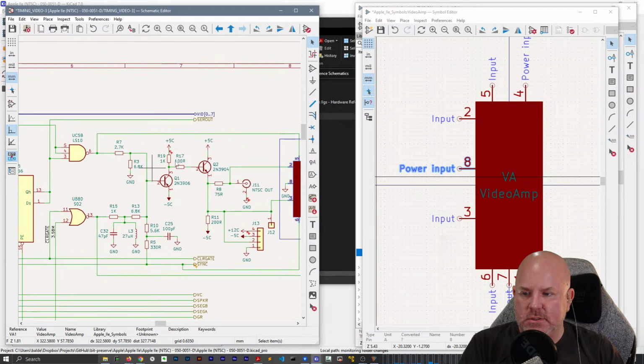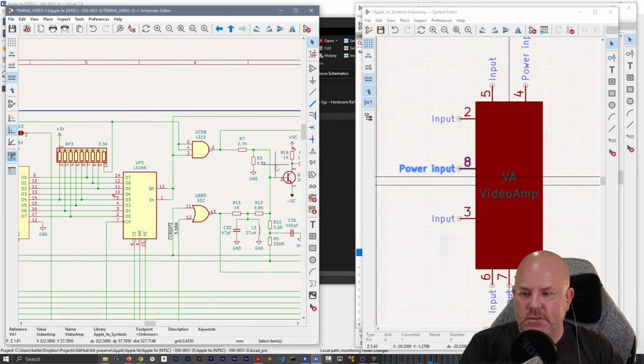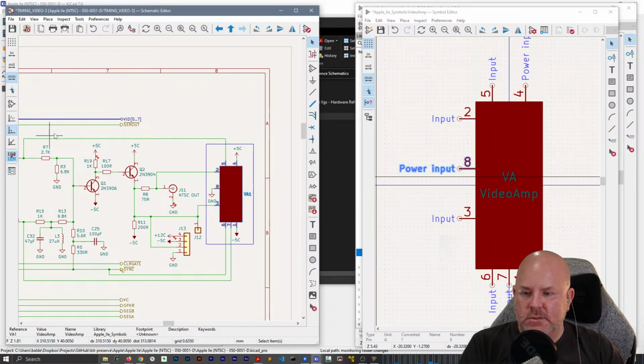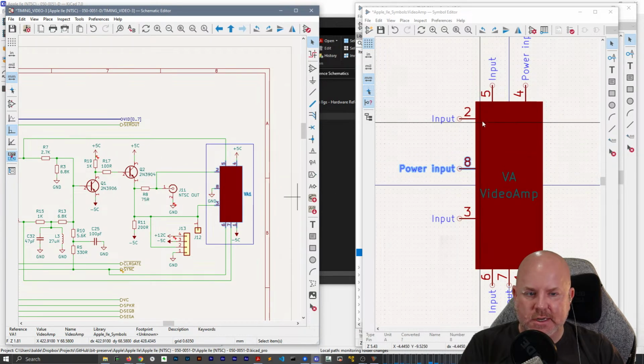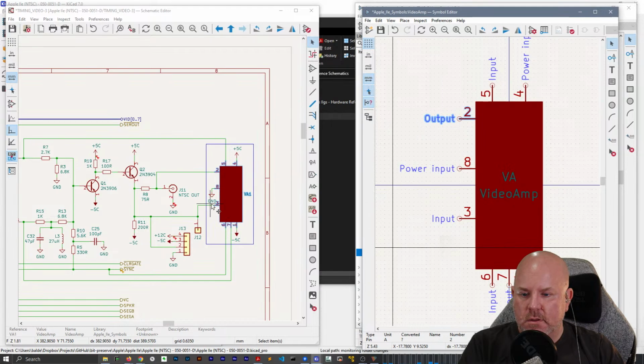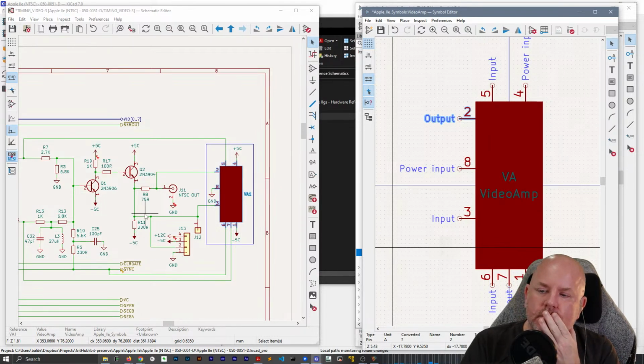So let's see. Where is our shift register? So 5 is an input, 2 is an output, 3, or is 2 an input?